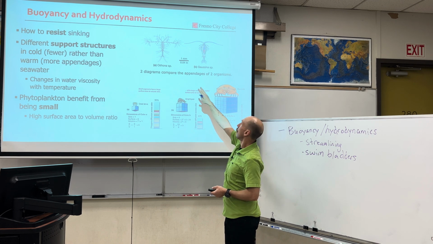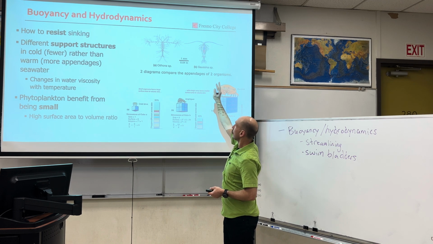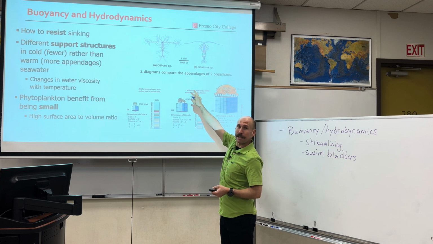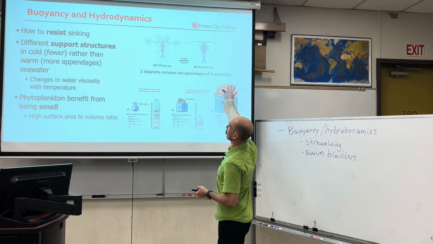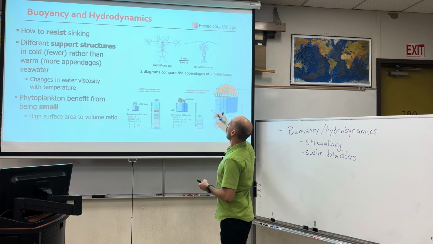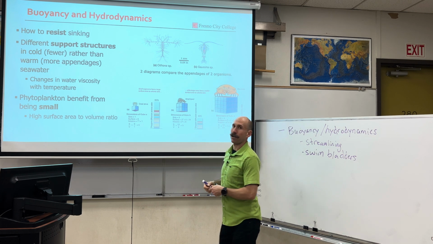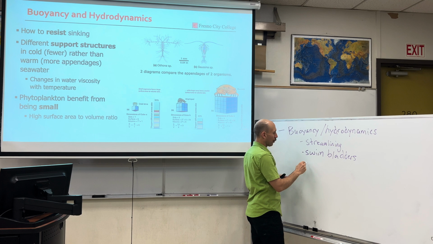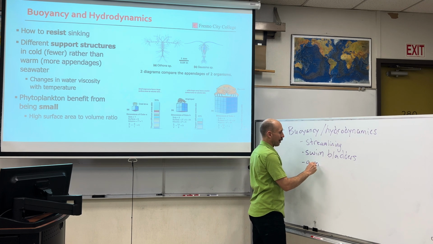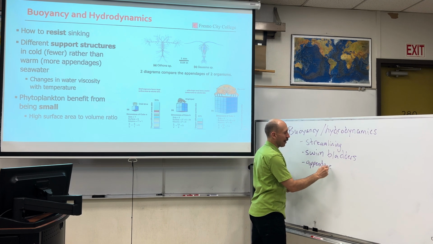So, body shape. What we see up here are plankton. These plankton are swimmers, and so they have all of these appendages that help them to float in the water. So, body shape, again, for smaller marine life is going to help them exist.